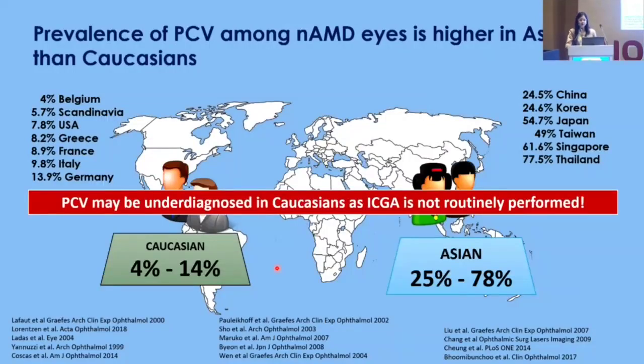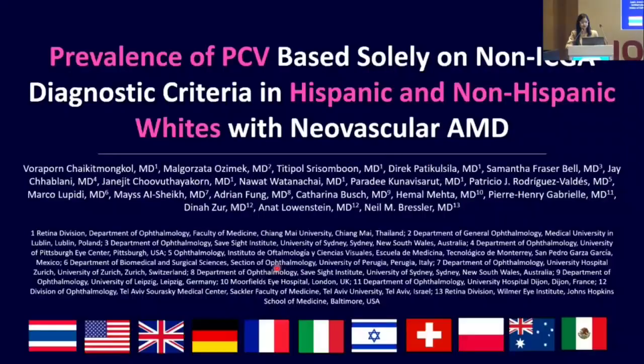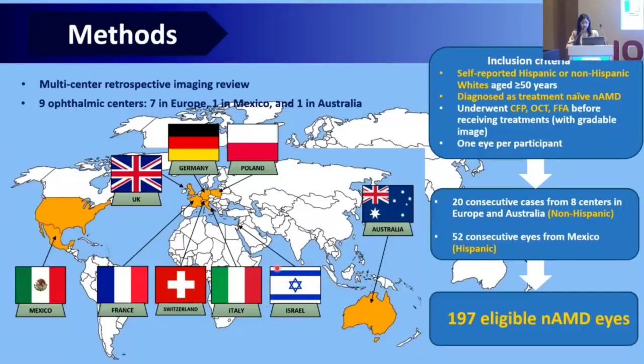Now coming back to prevalence, PCV may be underdiagnosed in Caucasians as ICGA is not routinely performed. A multi-center retrospective study was conducted on the prevalence of PCV based solely on non-ICG diagnostic criteria in Hispanic and non-Hispanic whites with neovascular AMD.